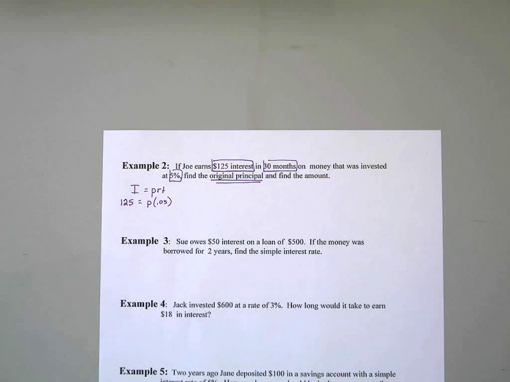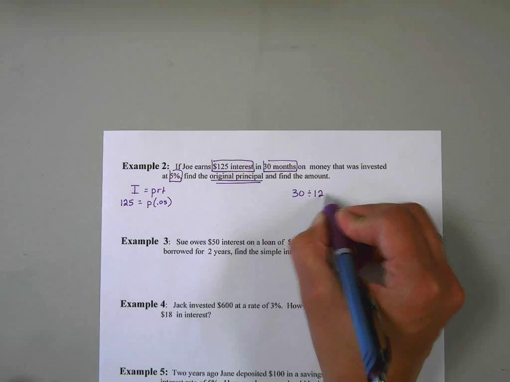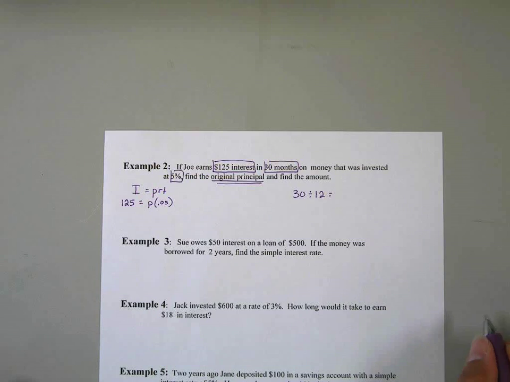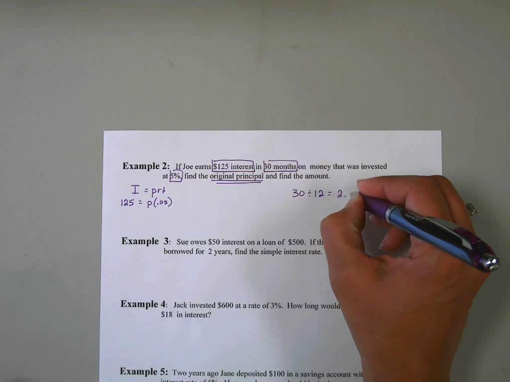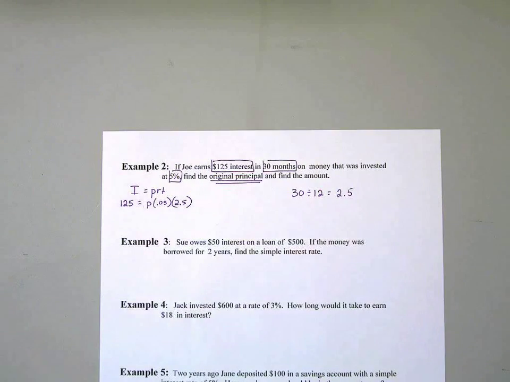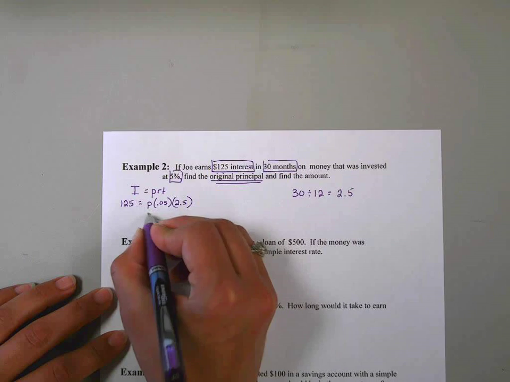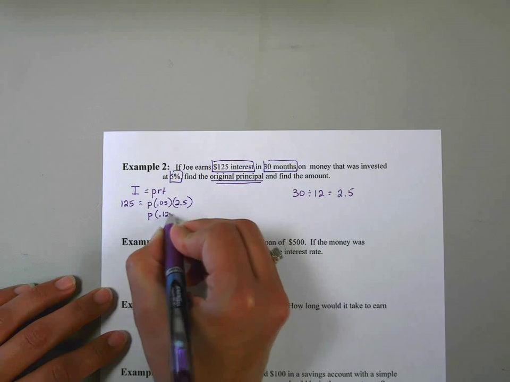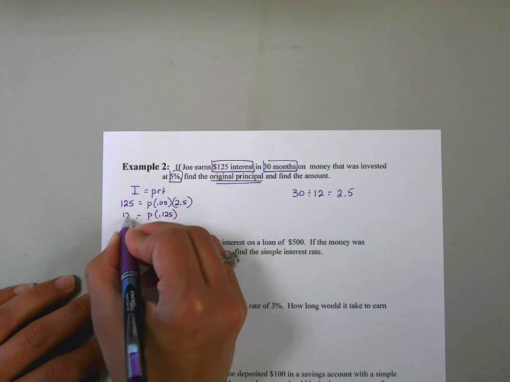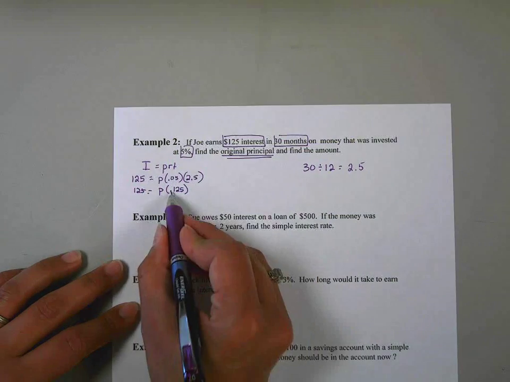Now, 30 months. They gave me 30 months. And 30 months needs to be divided by 12 because I want that in years. So 30 divided by 12 is 2.5. So I'm going to do 2.5 years. So 0.05 times 2.5 is 125 thousandths. So I multiply everything on this side, and I get 0.125.